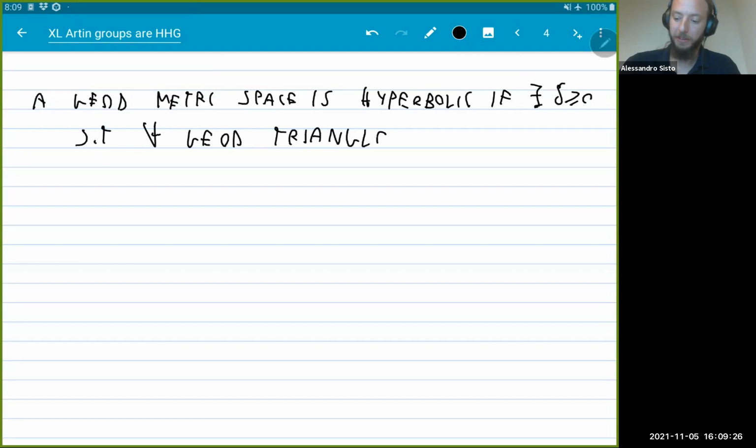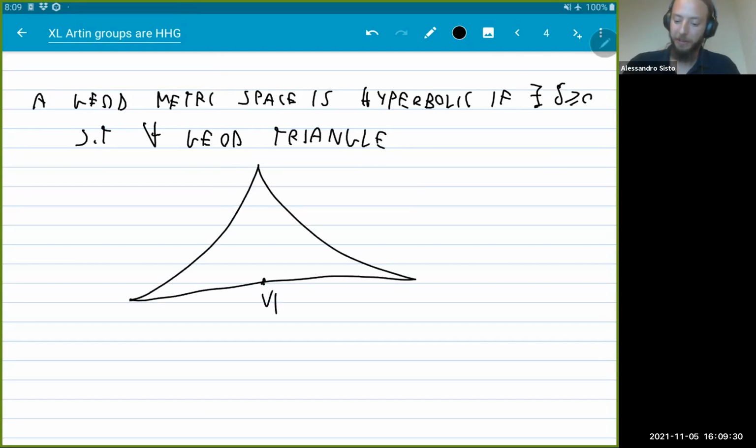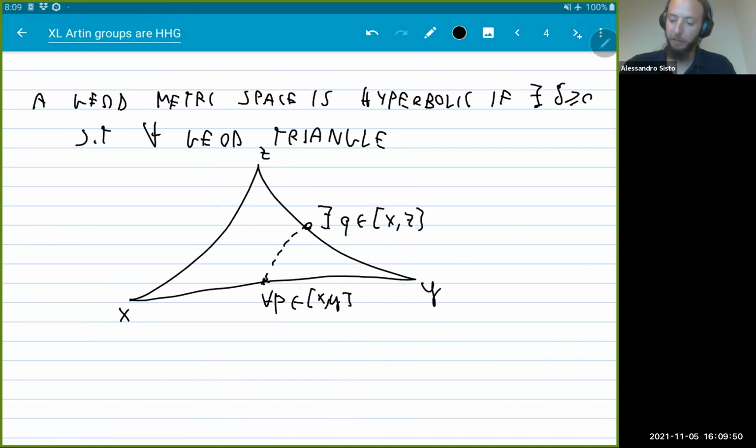So you have a geodesic triangle like so. You have a point on one side. A geodesic triangle is just three geodesics that pairwise share the endpoints. And the condition is very simple: every point on one side is within delta of a point on the union of the other two sides.